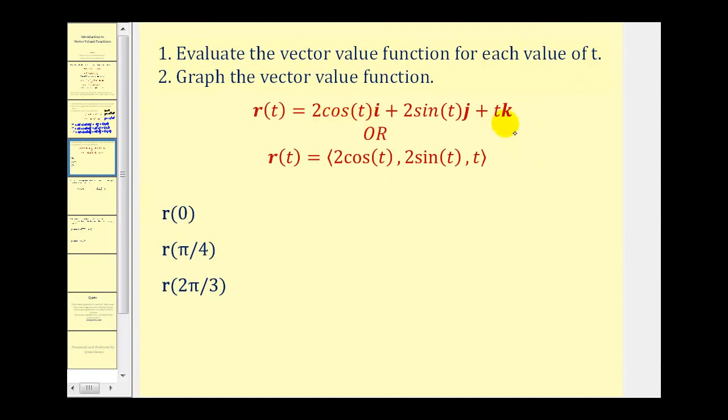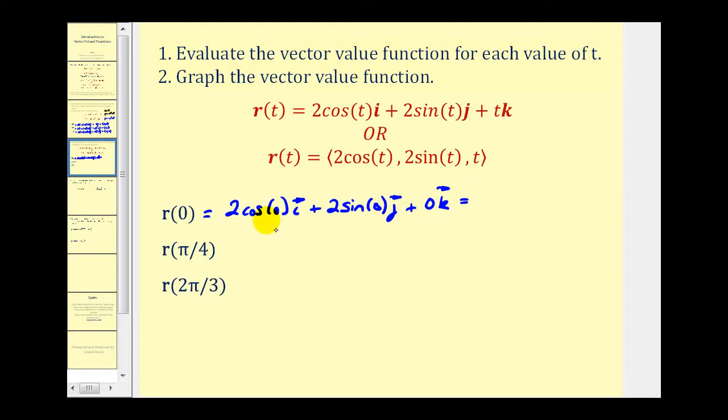Here we have a space curve because it has an x, y, and z component. We want to evaluate the vector valued function for each value of t again and then graph the function. And again, the main thing to remember here is the output of a vector valued function will be a vector. So we'll have 2 times cosine 0 times vector i plus 2 times sine 0 times vector j plus 0 times vector k.